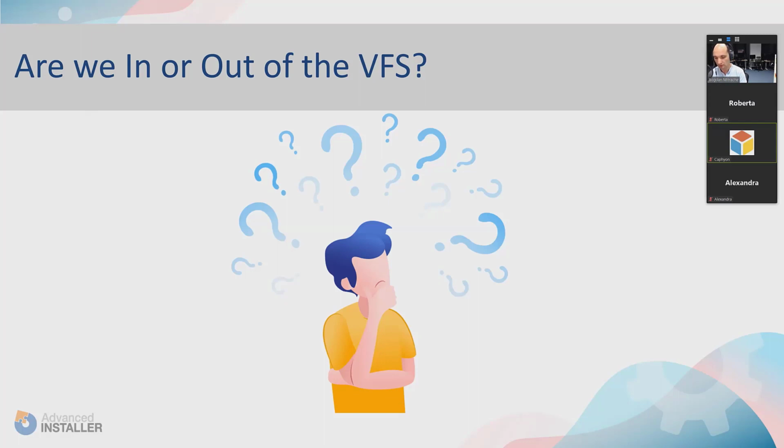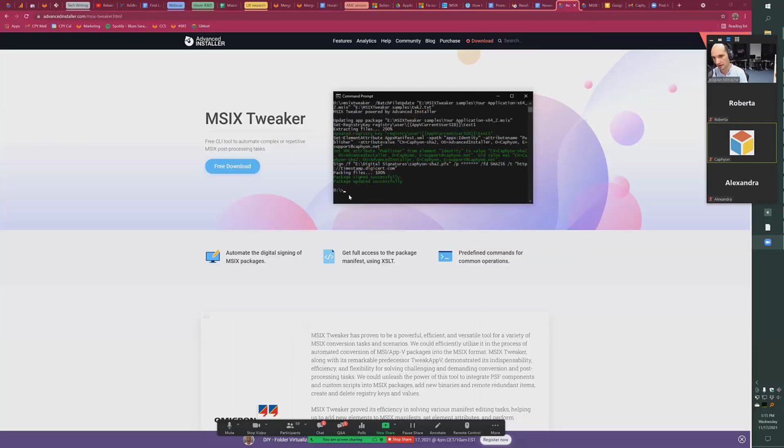So let's have a look at some demos and see how you can first find the list of applications from your repository that are in this situation, and then how you could fix the packages to prevent this from affecting the way your application behaves at runtime. So for the first part of our demo, we're going to use a free tool that our team has been developing.